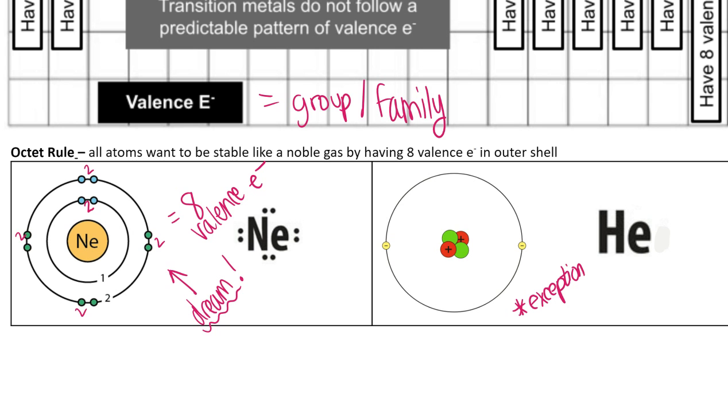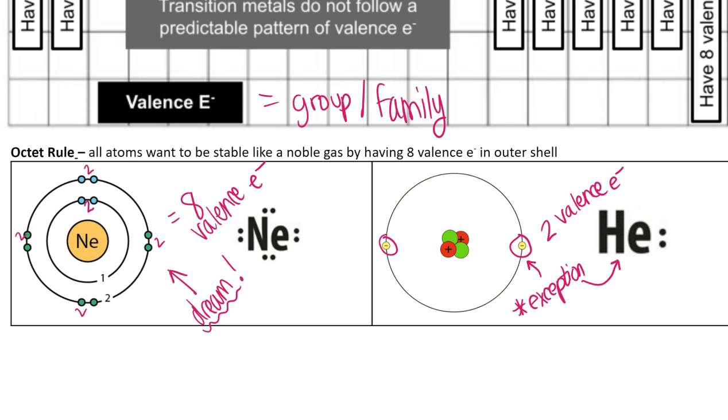So for some elements, they do want to be like helium. Okay, it doesn't have 8 valence electrons though. Remember, it only has 2 valence electrons. And that's okay, right? So for some elements, if they're nearby helium on the periodic table, then they want to look like helium with just those 2 valence electrons.